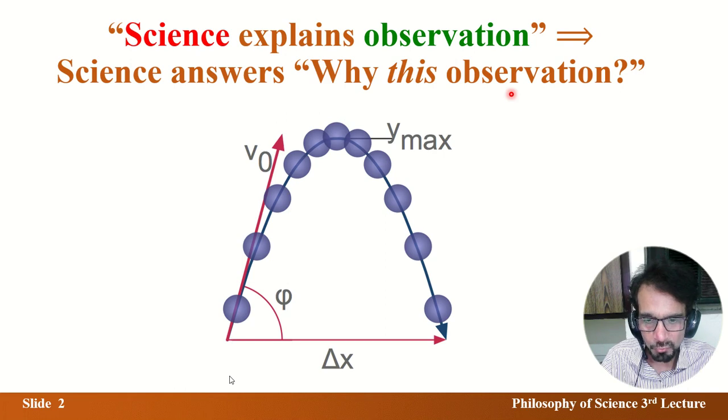Now, if you do not understand why this, one thing I can do is show the motion of a ball at different times, and the question I can pose is why we see that observation, why this ball rises and then falls, why this sequence of observations, why not something else?